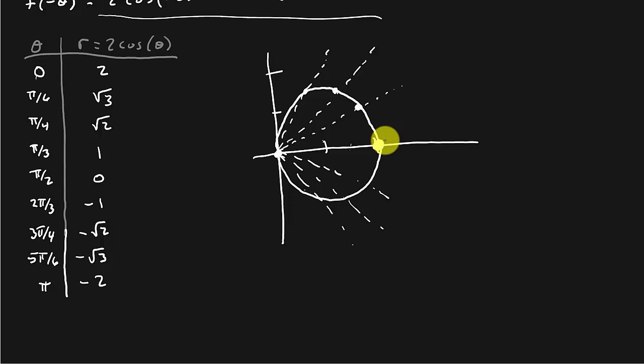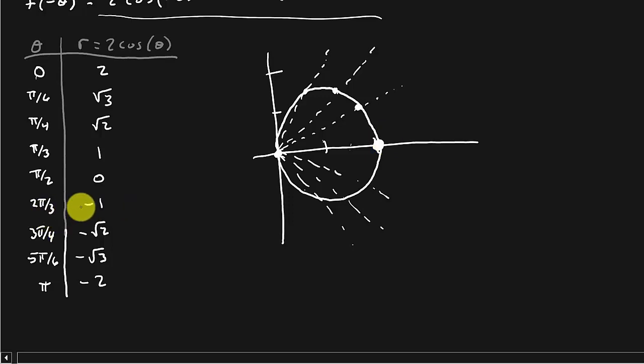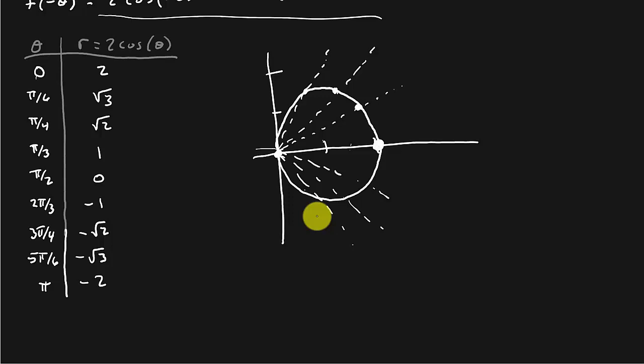And I mean, you can go and plot these points. You would come out negative 1 and then rotate 2 pi over 3, like that. So that's the graph. Like I said, I'm not going to get real deep into this, but there it is. There's your graph. All right.